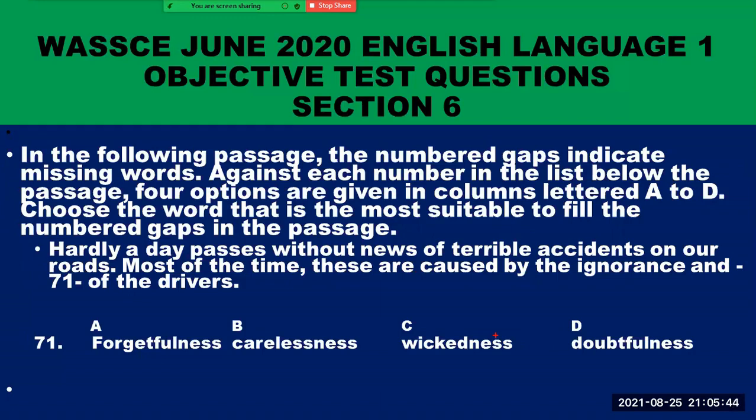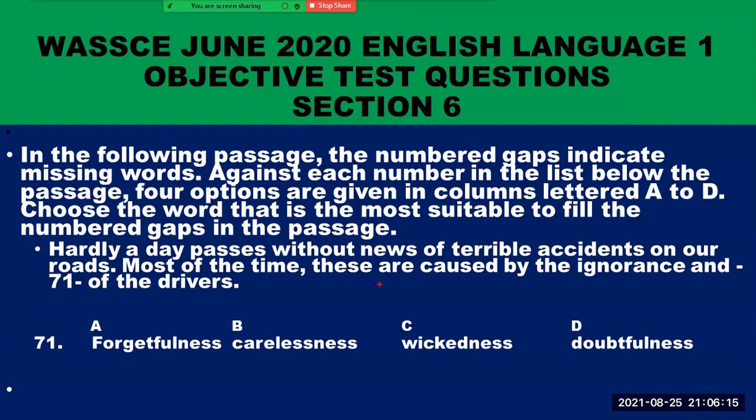Now, you need the knowledge of register to answer questions in this section. If you check the description section below, you will find a video I uploaded on register in English. That will give you a detailed explanation of how to answer questions on register. But let's look at question 71, which we decide to use for illustration here.